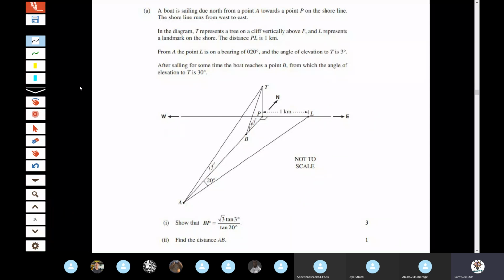You're trying to find BP. I'll give you guys some clues, I guess. Find in triangle APL, triangle ATP, and triangle TPB.